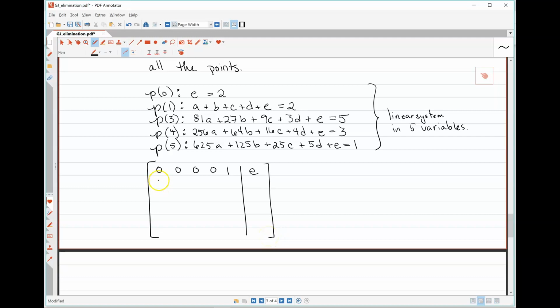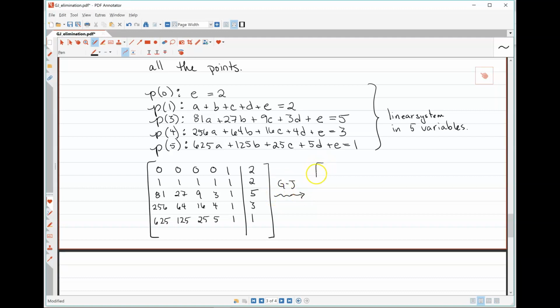For the second equation, the coefficients are all 1s, and my right-hand side is 2 again. And in the third equation, we have 81, 27, 9, 3, and 1. We have 5 here.